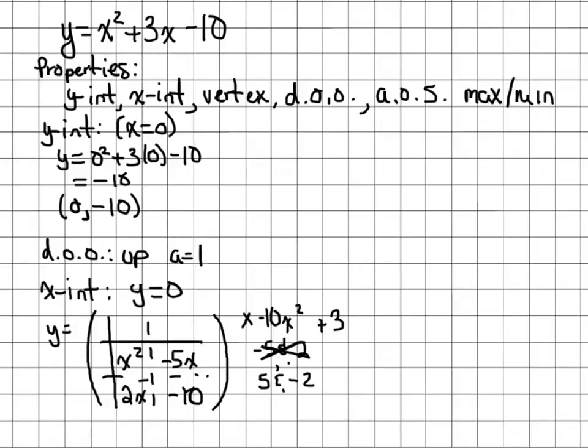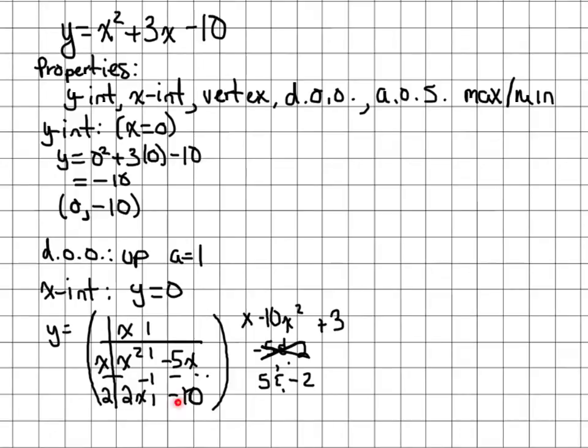I'm going to common factor my rows first. So the top row, what's common here is just plain x. What's common in the bottom row is 2. Common in the first column, again, is x.